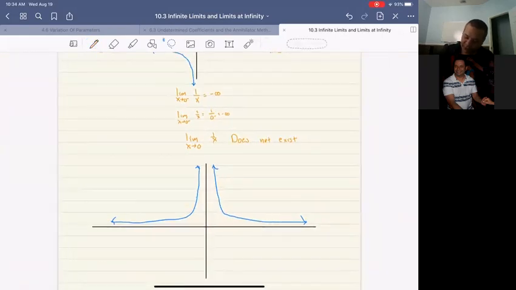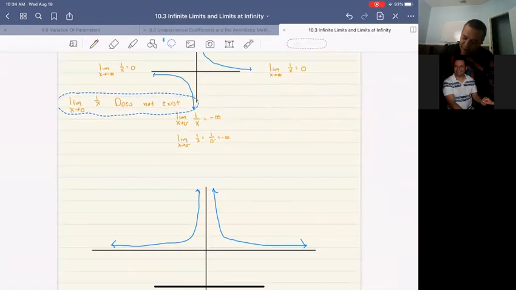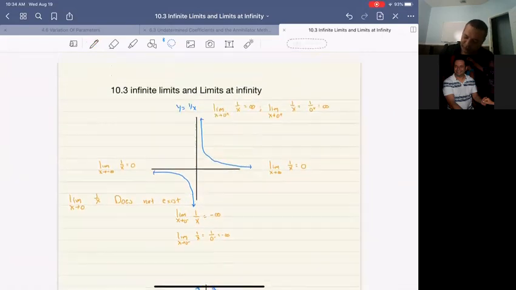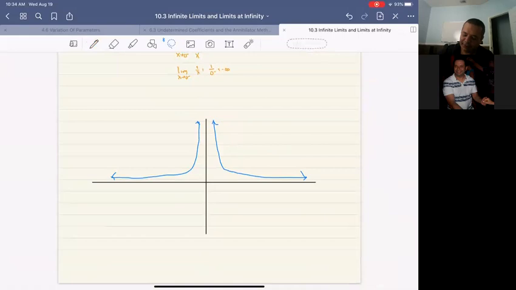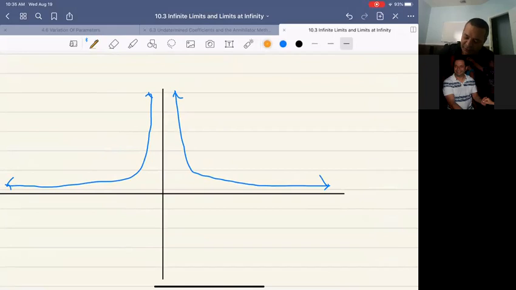Let's move this one up out of the way. Let me put a little barrier between them. Here, the limit as x approaches 0 from the right of 1 over x squared equals infinity.